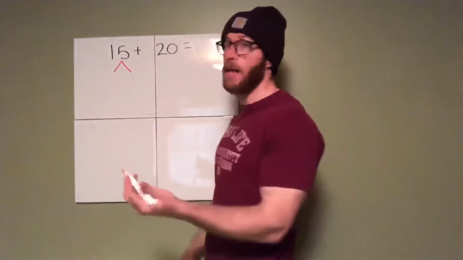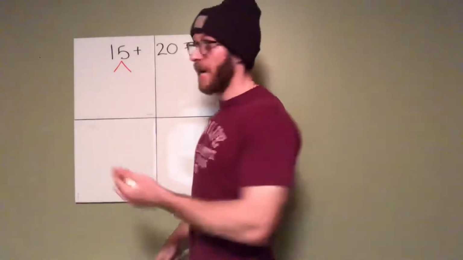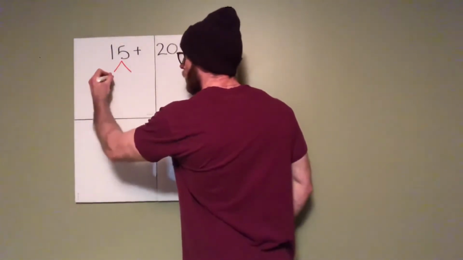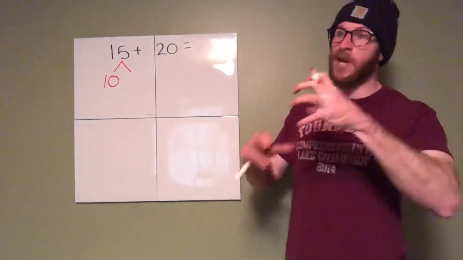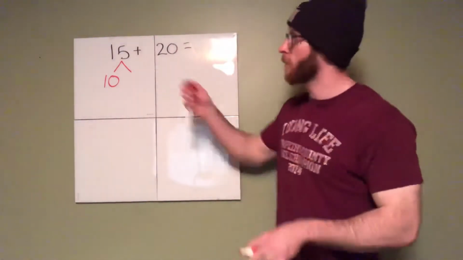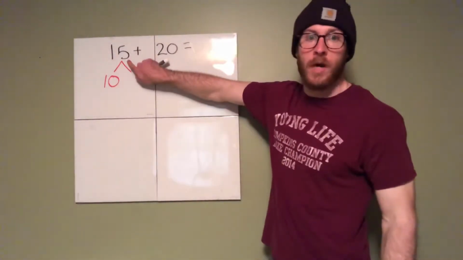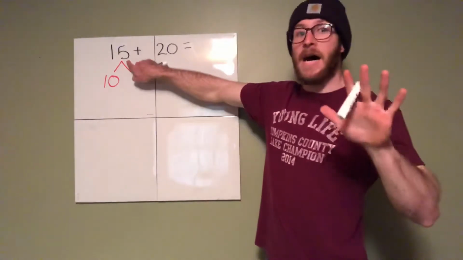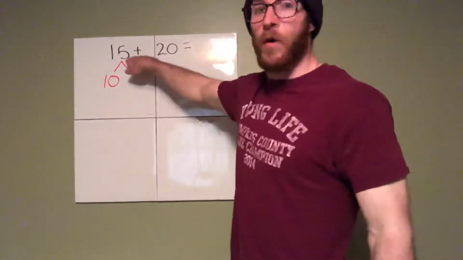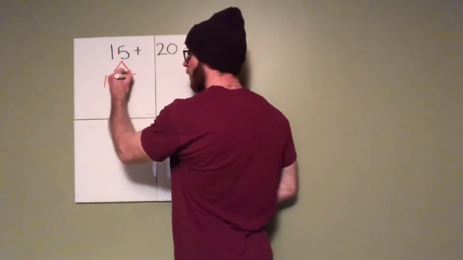So at 1 ten, how many ones is that? 10. So I split my 15 into 10 and something else. If I have 15 and I break apart a chunk of 10, what am I left with? I'm left with how many ones there are. How many ones are there? There are 5 ones. It says it right there in the ones place. So then you're going to have 5.